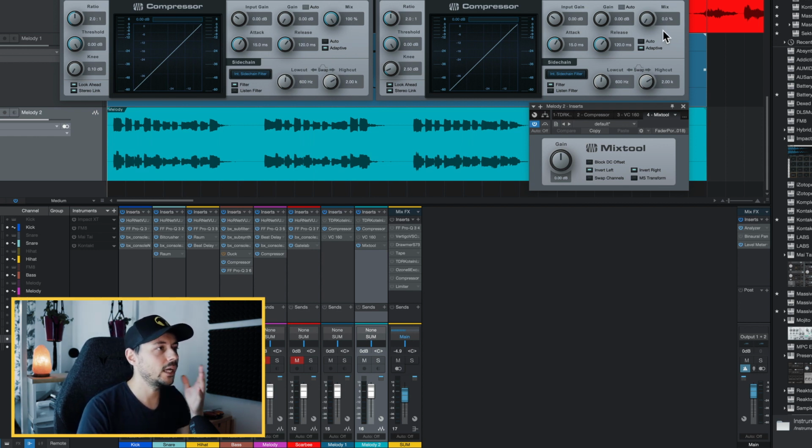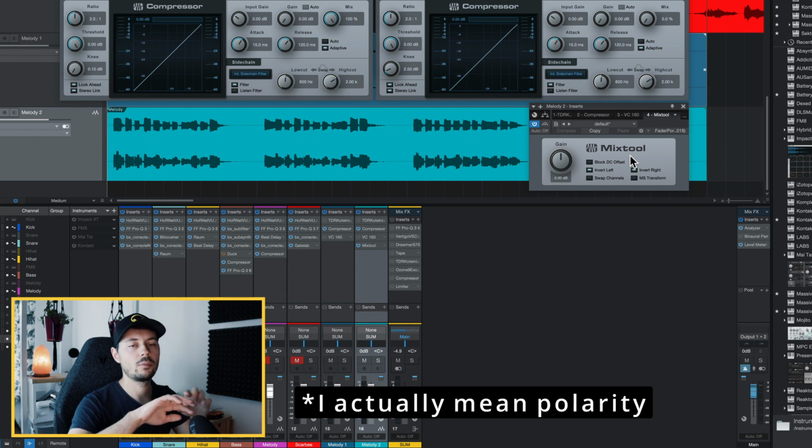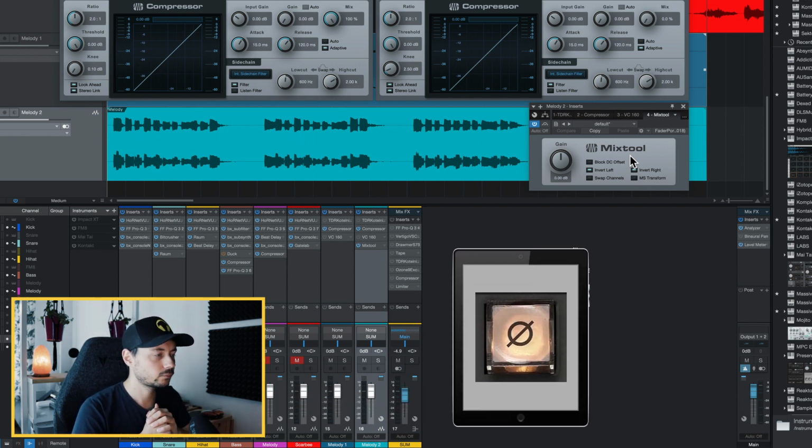How we can find it out is pretty simple. After the compressor, we have this tool on the second melody, called the mix tool in Studio One. Important is that we invert the left and the right side, meaning we invert the phase of the signal, so the waveform that was positive becomes negative and vice versa.